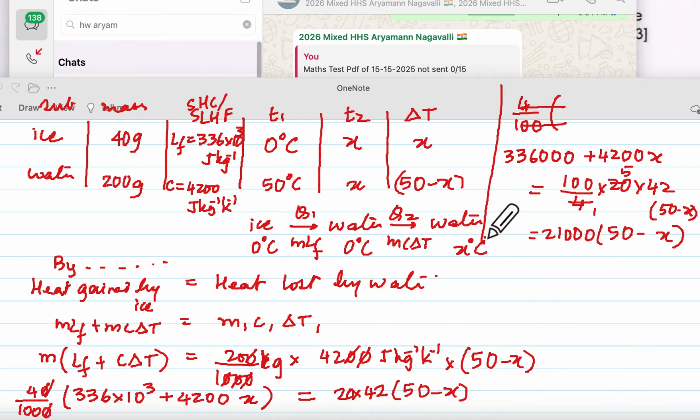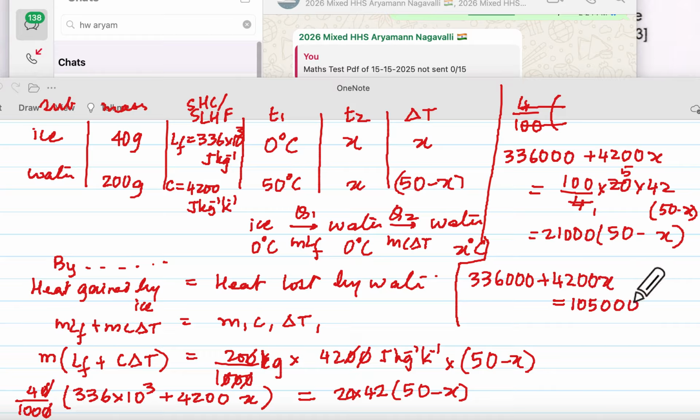Okay. So 336,000 is, sorry, plus 4200x is equal to 21 into 5 is 105, and there are 4 zeros, minus 21,000x.